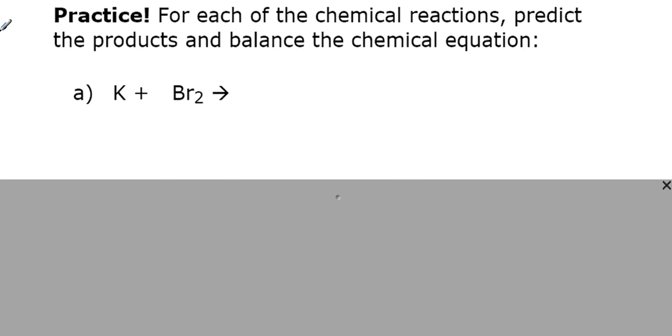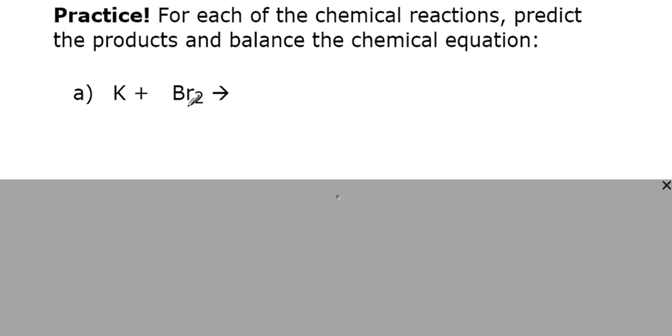So for all of these examples, what we're going to try and do is figure out what type of reaction we have and predict the products of the reaction, and then finally balance the reaction. So I'll walk through the first one with you to give you an idea. When I look here, I have 2 reactants.